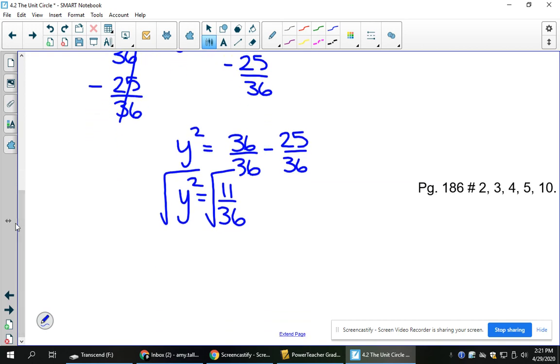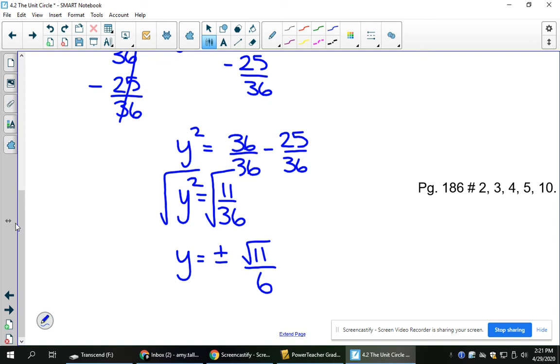But technically, if you take 2 squared, you get 4. And if you take negative 2 squared, you also get 4. It comes from the positive and the negative. So y could be positive or negative root 11 over 6. I can't square root 11 nicely, but I can square root 36 nicely, so I've done that.